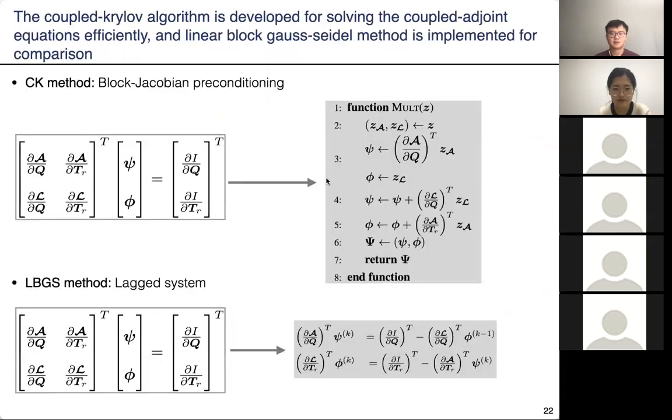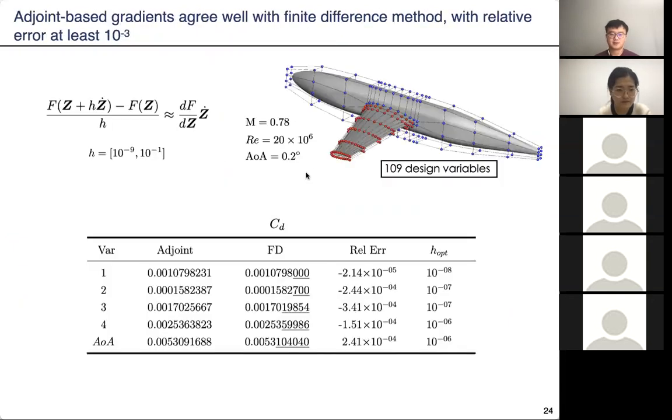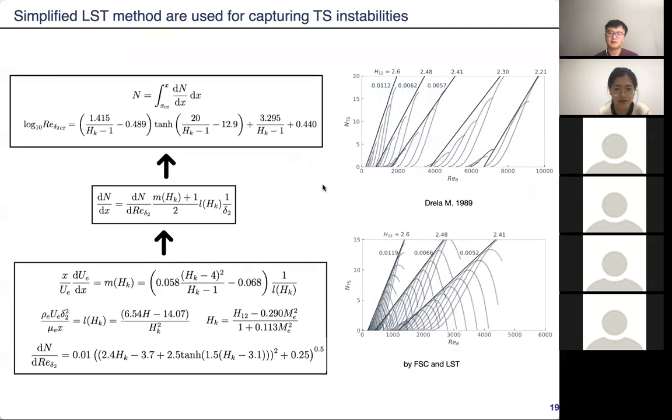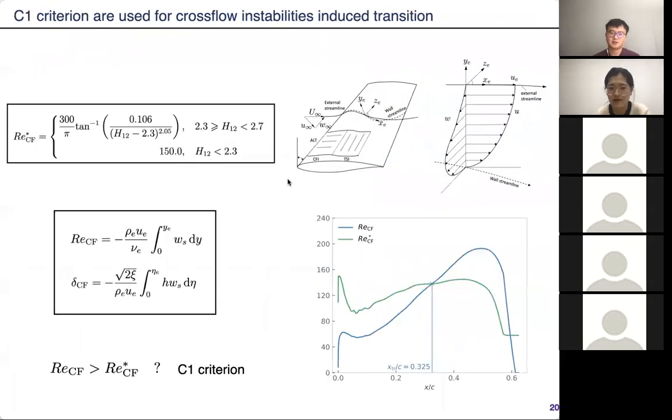In the optimization, we need to speed up the computation and the optimization. So I used the C1 criterion to compute the cross flow instability, and here it is just an algebraic operation.